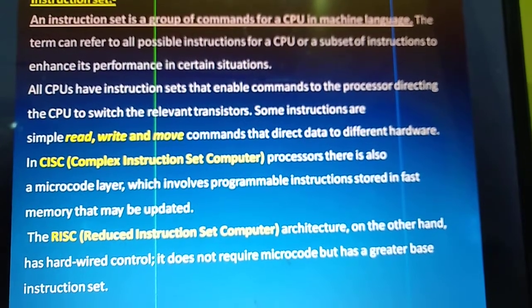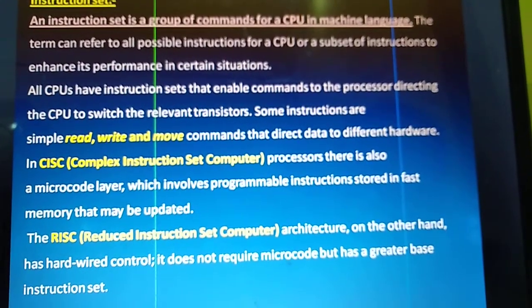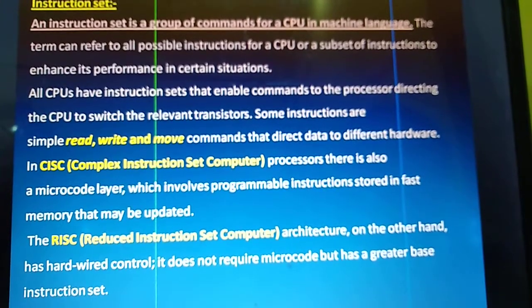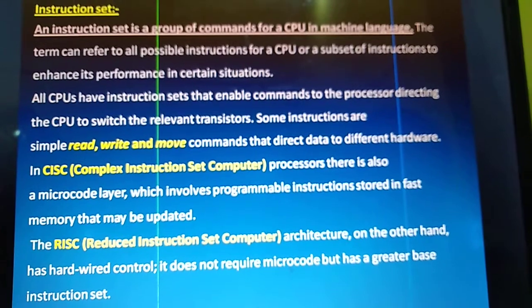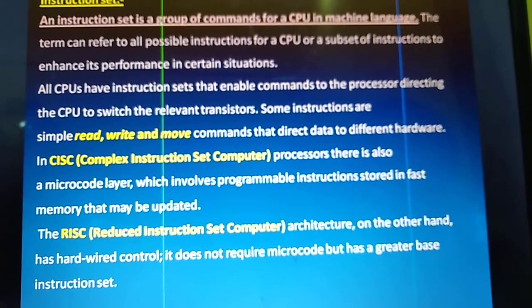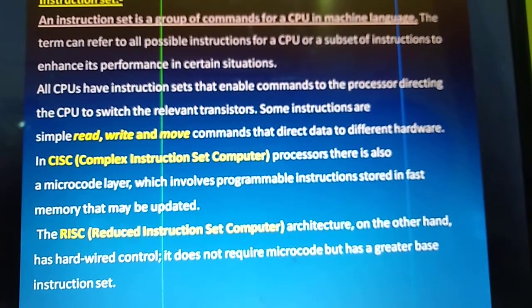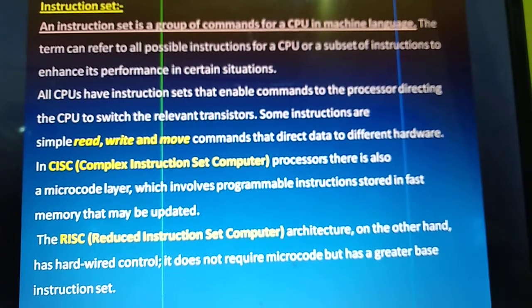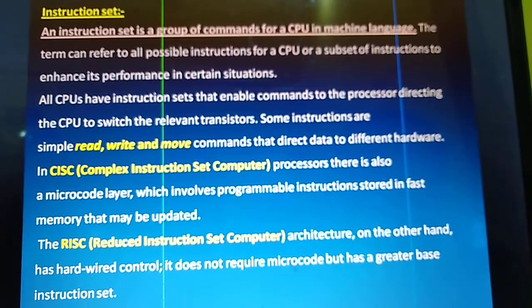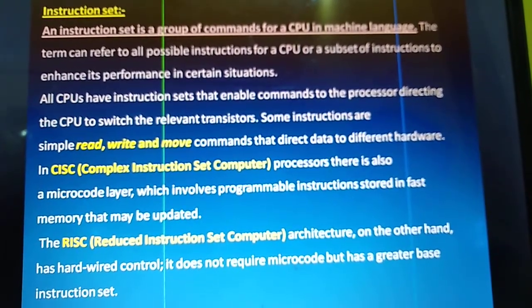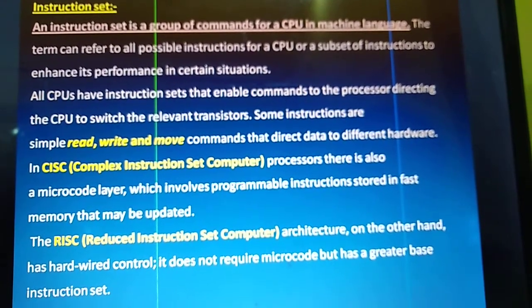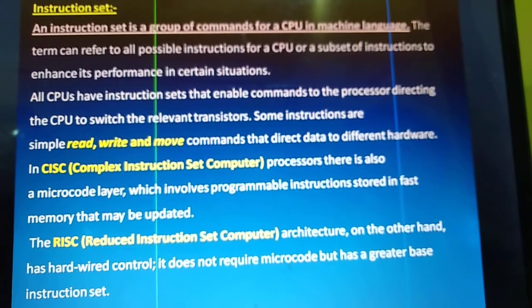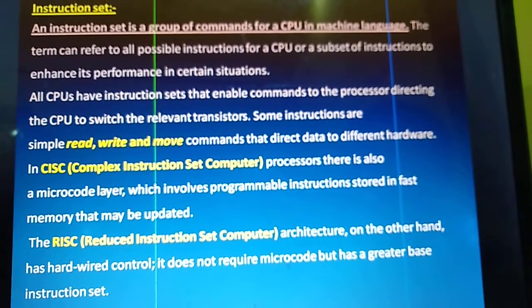In CISC processors there is also a microcode layer, which involves programmable instructions stored in fast memory that may be updated. It means that it has the microcode layer, and it is stored in fast memory and it can be updated.